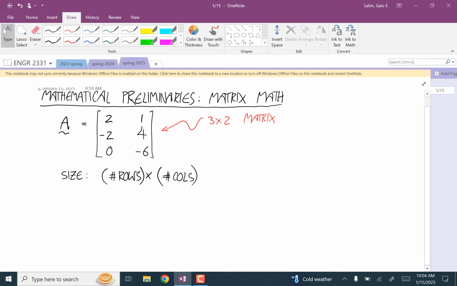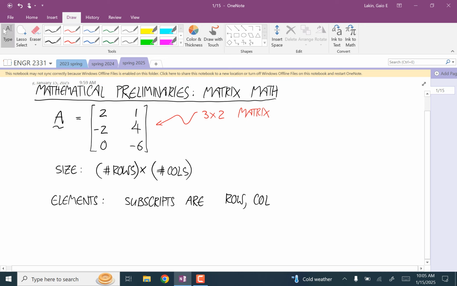And if I want to describe specific elements in a matrix, the subscripts that I use are always going to be the row followed by the column.